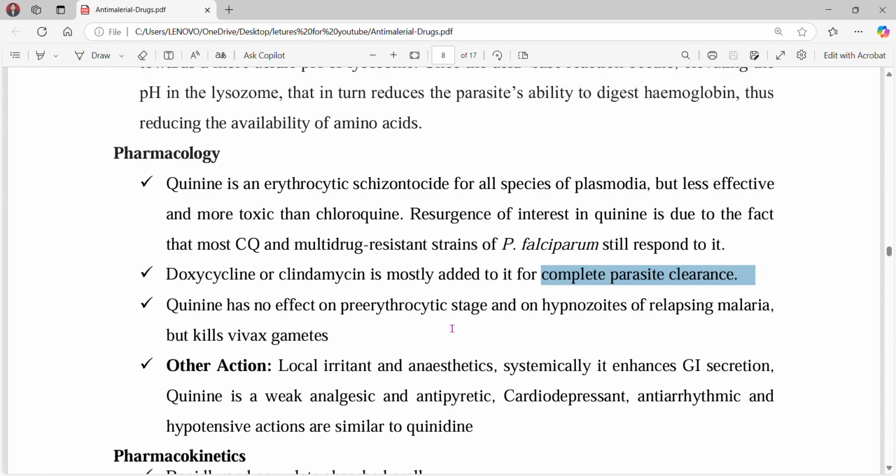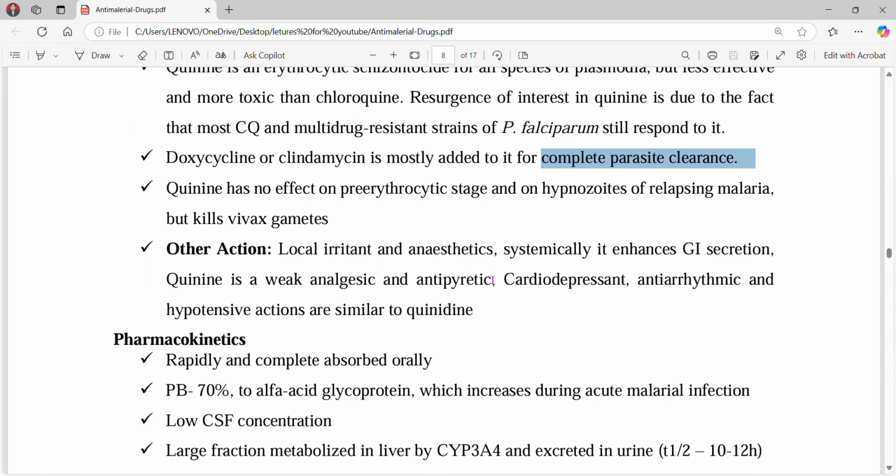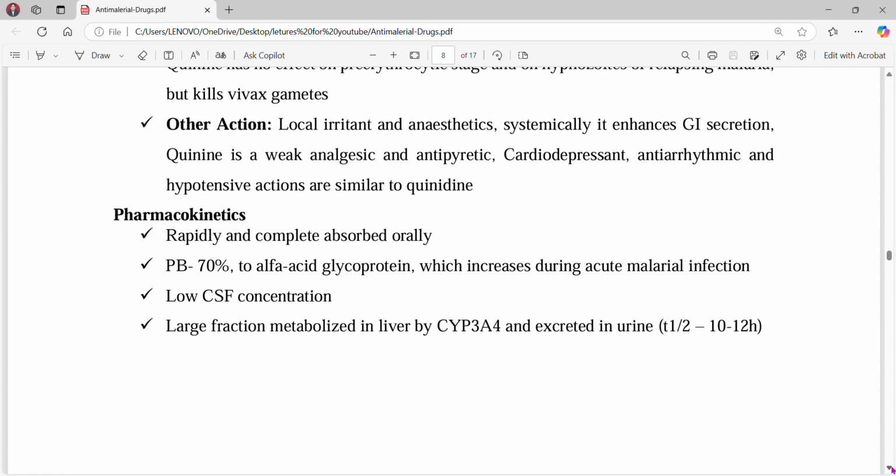Quinine has no effect on the pre-erythrocytic phase and hypnozoite phase of malaria, but kills Plasmodium vivax gametes. Other actions of quinine sulphate include local irritation and anesthetic effect, systemically enhanced GI secretion, and quinine is a weak analgesic and antipyretic.